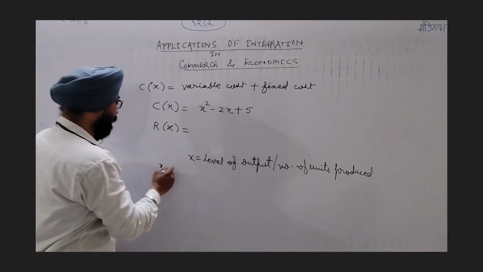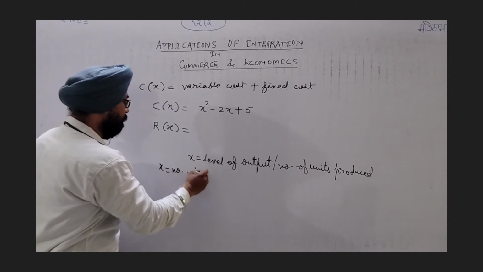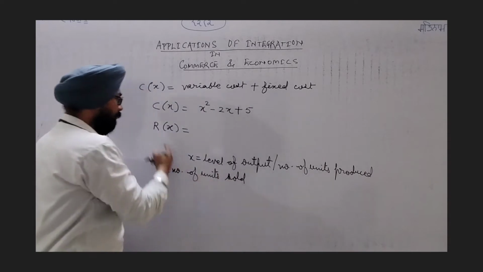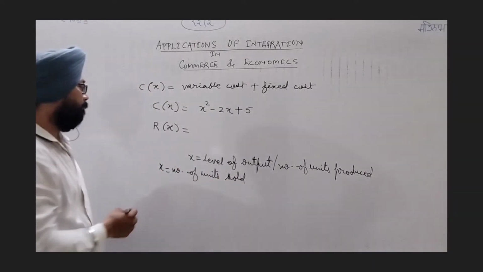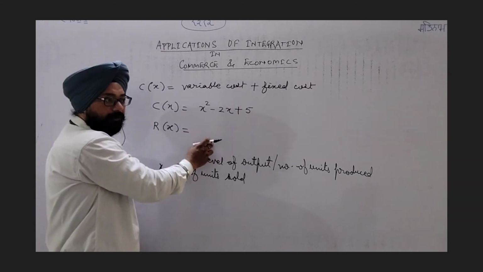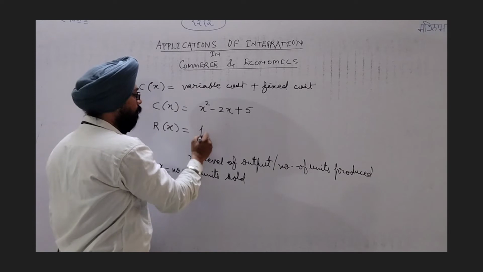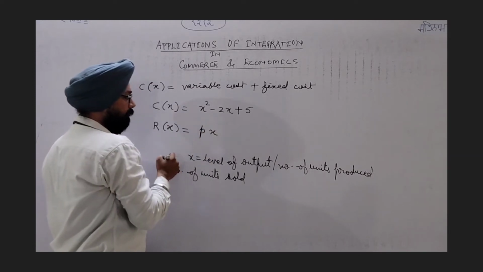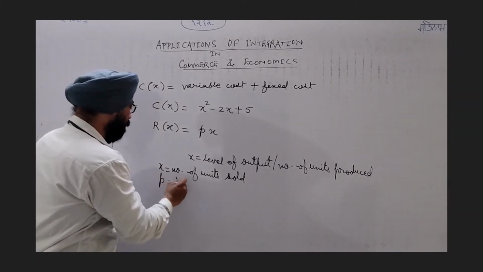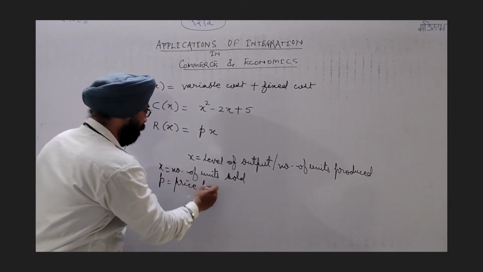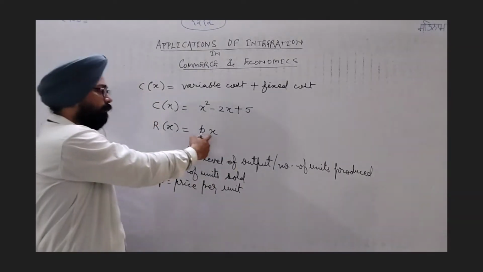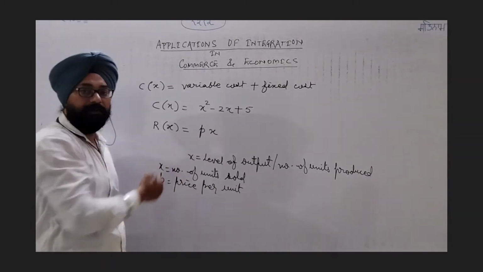In general, this is equal to P into x. Now what is P here? P stands for price per unit. The price of one unit multiplied by the number of units gives us the revenue function.